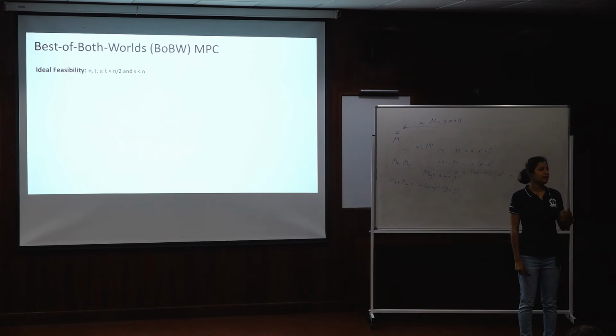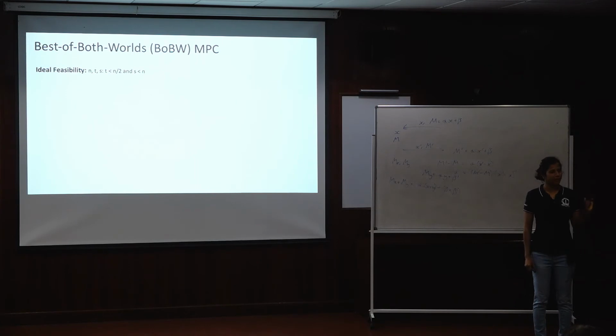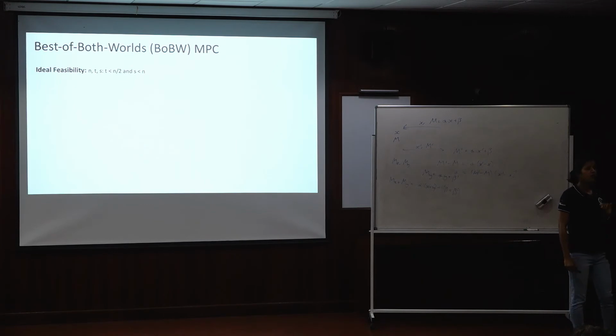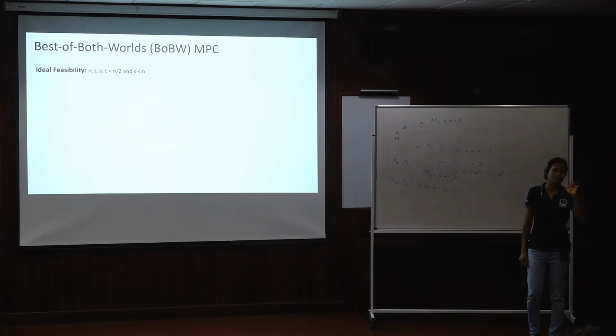Okay, what kind of resilience can we achieve? Let us assume that from now onwards T will refer to the threshold that we want to tolerate in the honest majority world, and S is the threshold that we want to tolerate in the dishonest majority world. So these are the two corruption thresholds.